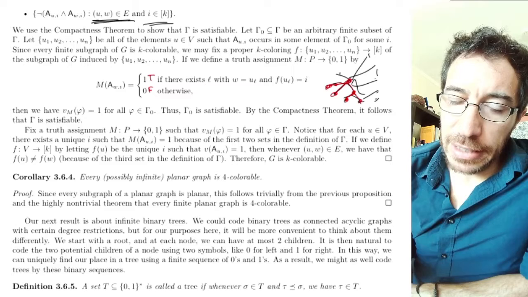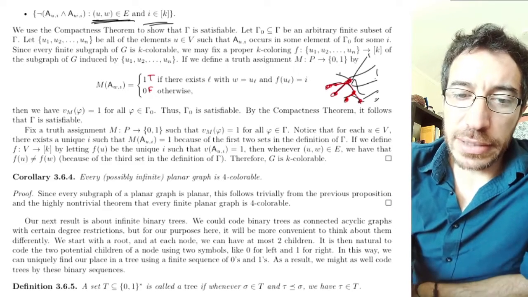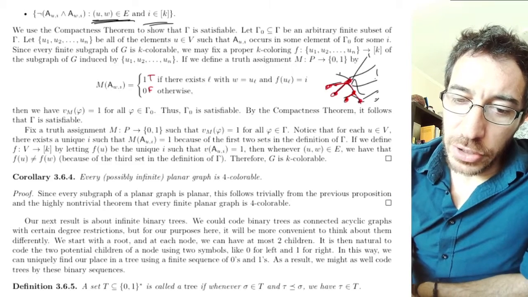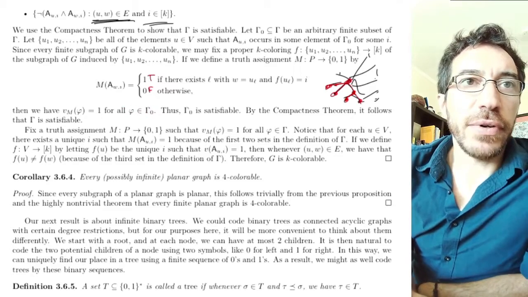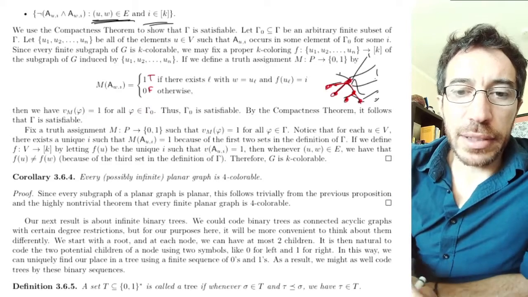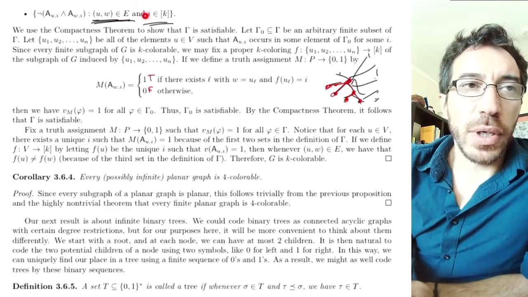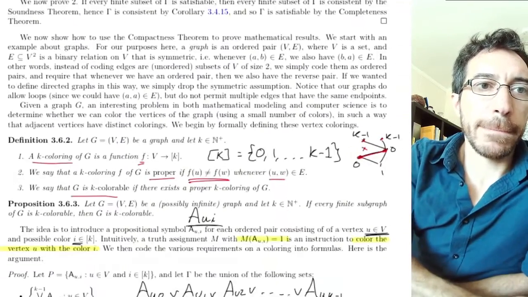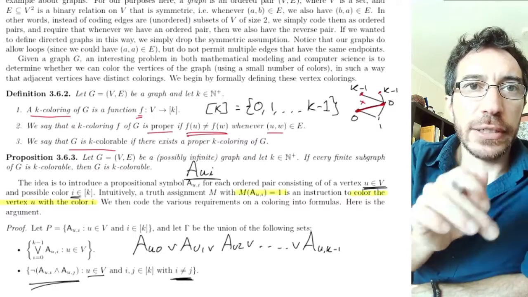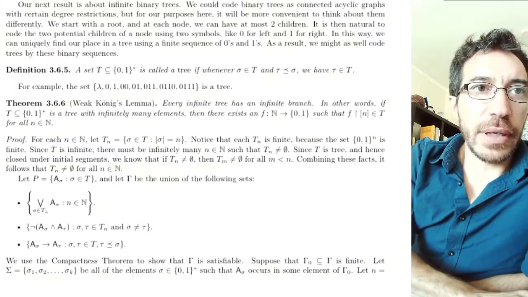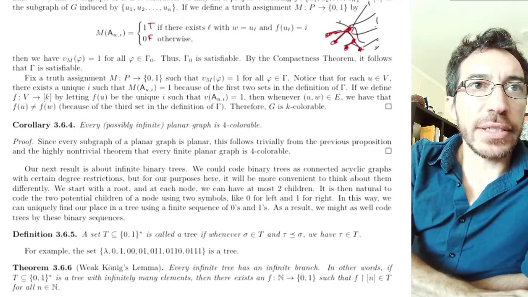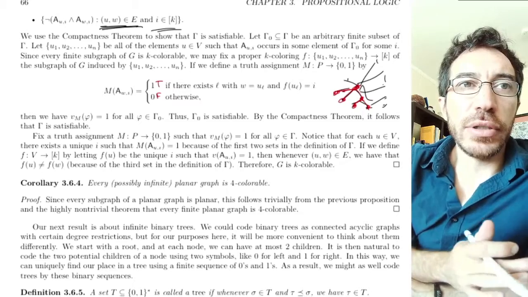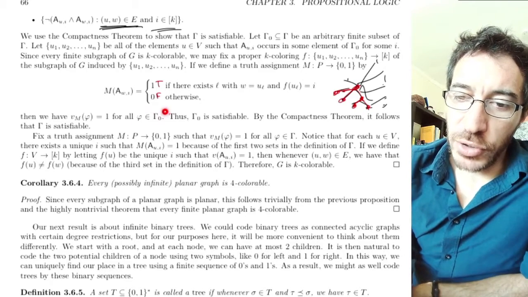And then if you look at all the sentences in Gamma 0, well, we don't know what they are, but we know that the sentences in Gamma 0 are a subset of Gamma, so they are among these ones and the ones we had in the previous page down there. And we know they only use vertices v0 up to v1. So among all the formulas that may show up in Gamma 0, they only use those vertices.